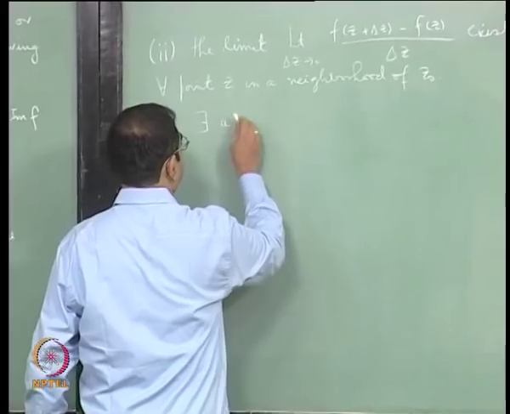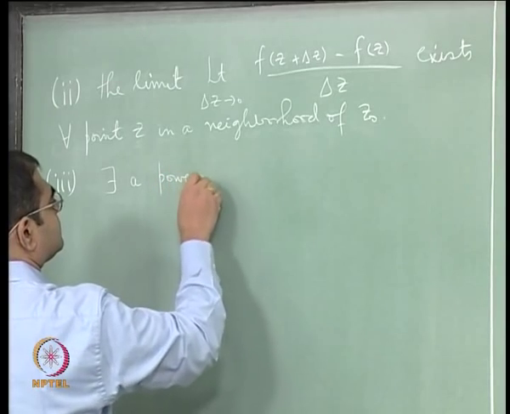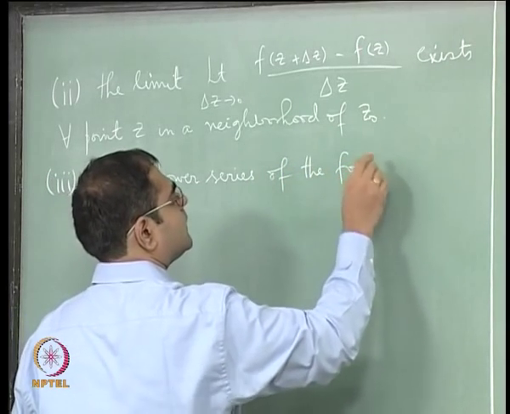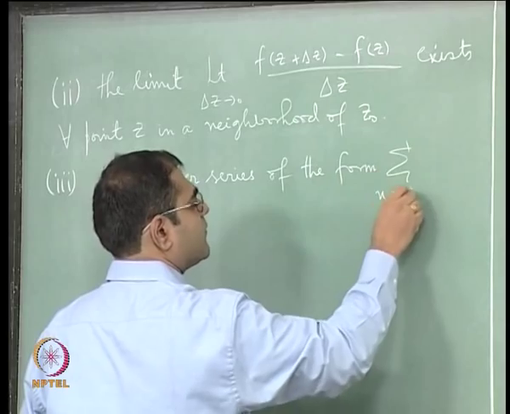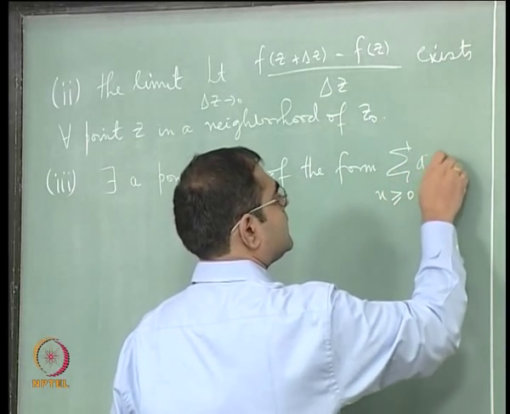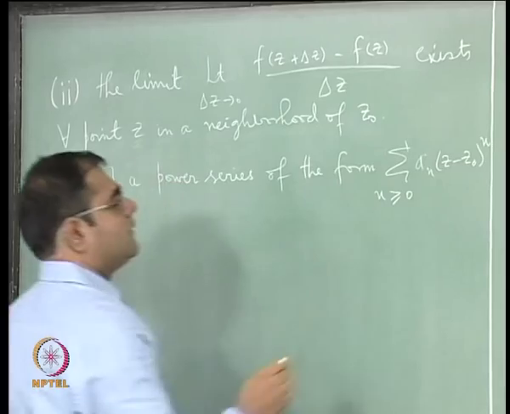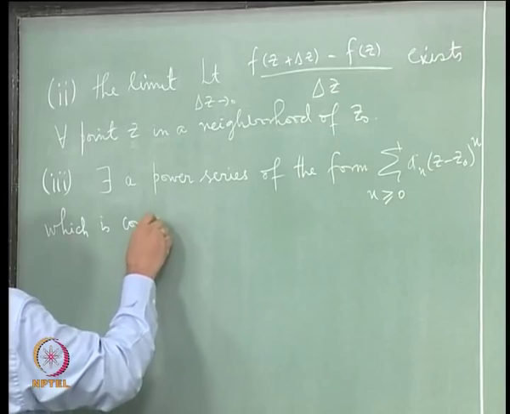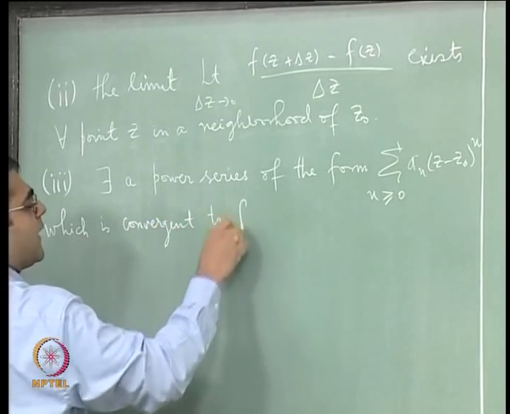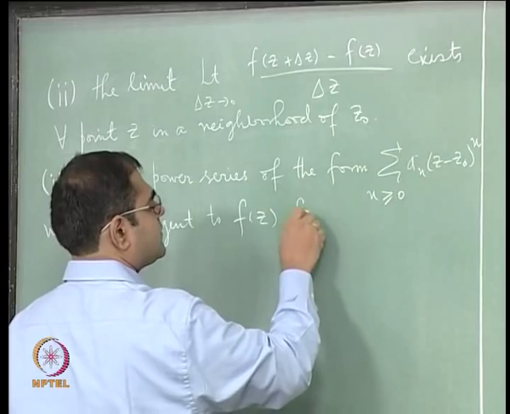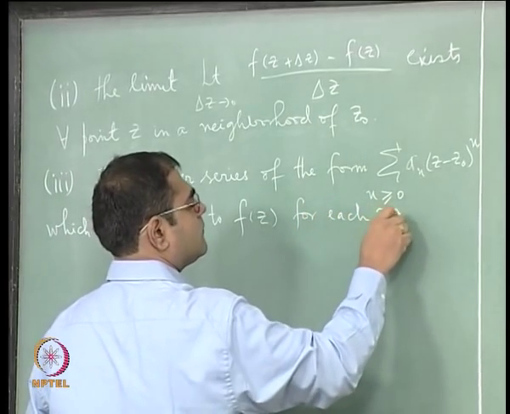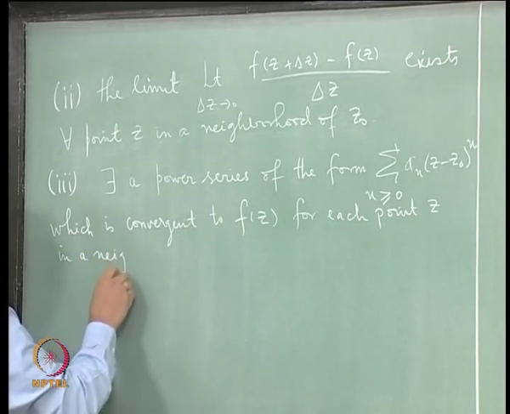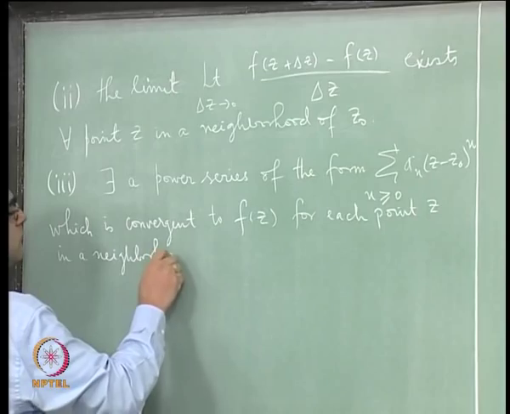There exists a power series of the form sigma n greater than or equal to 0 an times z minus z0 to the power of n, which is convergent to f of z for each point z in a neighborhood of z0.